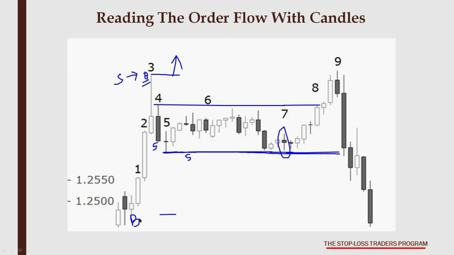And what about the sixth one? Sixth one, again a tricky one. We need to look at the close with respect to the high, low, close. We are not going to be concerned about the open and close, how they are placed with respect to each other.